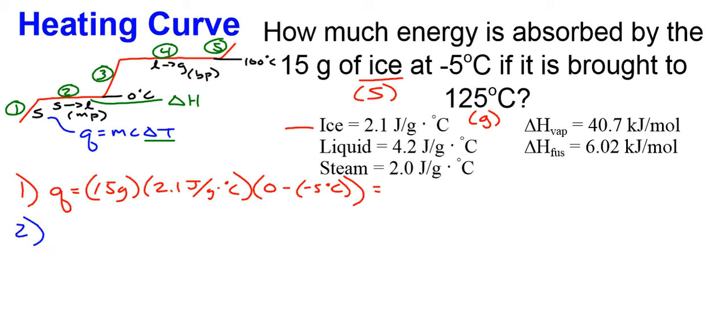Then when I have a phase change, all the energy is going into breaking or overcoming those IMFs. So I need to determine how much of my substance I have. I have 15 grams of water, and 1 mole is 18 grams. And in this case, that is the enthalpy of fusion.